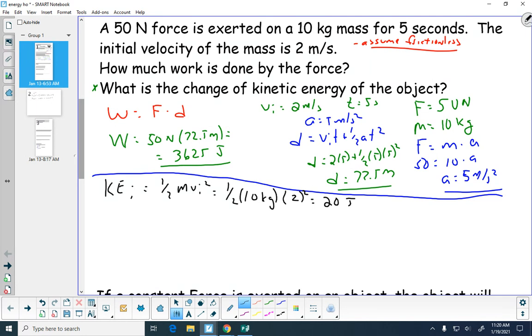To find our final kinetic energy, we need 1/2 m v final squared, but we don't know the final velocity. So we're going to have to do some calculations. V final is equal to V initial plus a t.